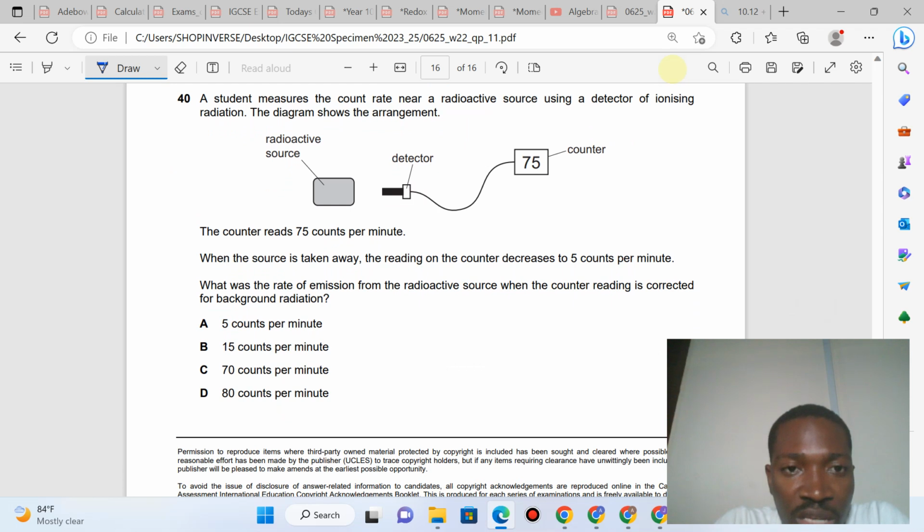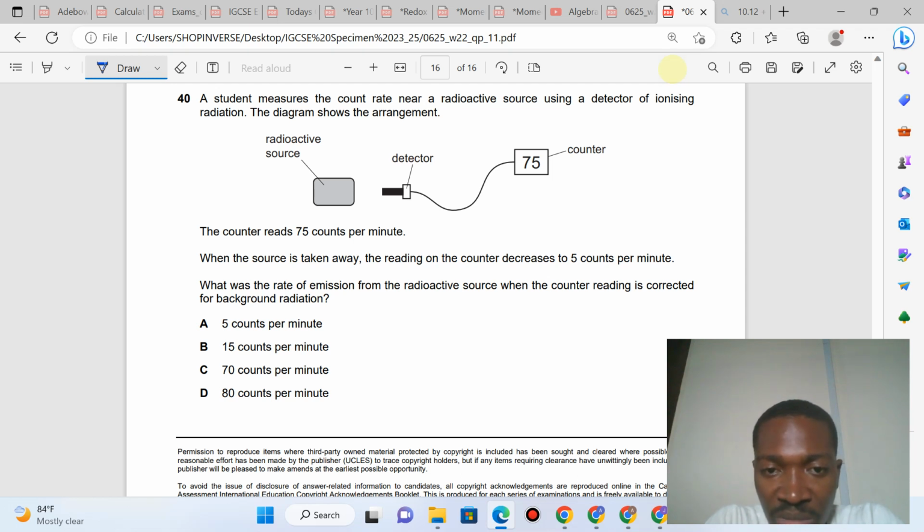Question 40. A student measures the count rate near a radioactive source using a detector of ionizing radiation. The diagram shows the arrangement: radioactive source, detector, counter. The counter reads 75 counts per minute. When the source is taken away, the reading on the counter decreases to 5 counts per minute.